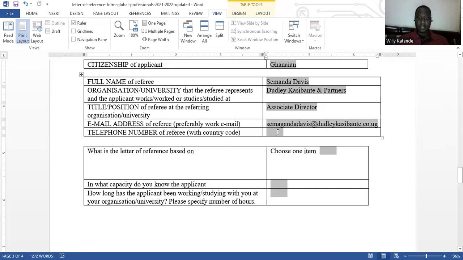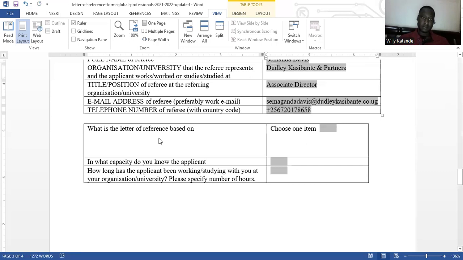Then you can also fill in the telephone number of the referee with country code. So you can say +256. This is the code for Uganda, 720-178-658. So you fill in the telephone number.